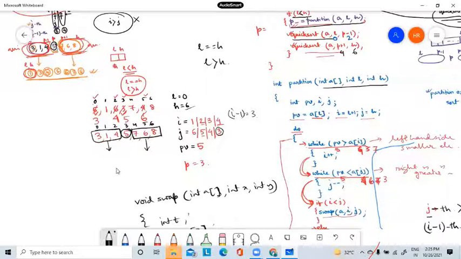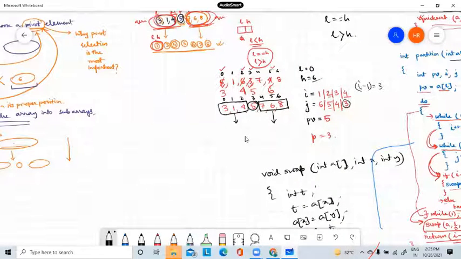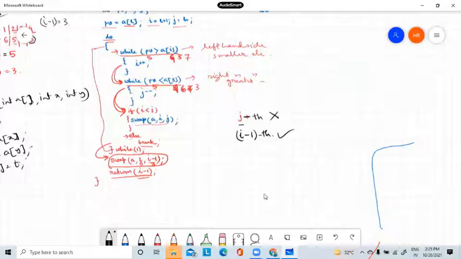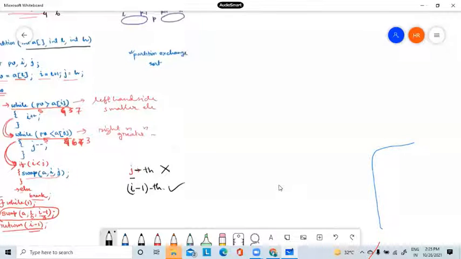Now see, what happens if your array is like this. Suppose 5, 1, 3, 7, 5, 8. So what you will do, you will start with this pivot element.